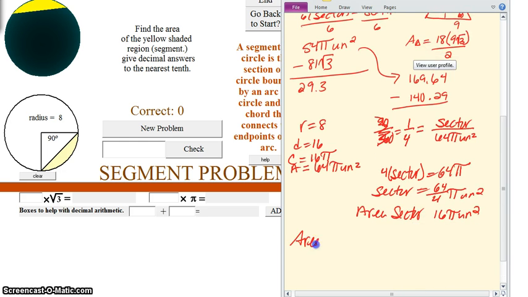So area of the triangle then. We have a 90, we have a right triangle, that's nice, and it has r equals 8. And we may as well use this base as 8. So 64, base times height divided by 2, 32 units. There's no pi involved in this triangle.